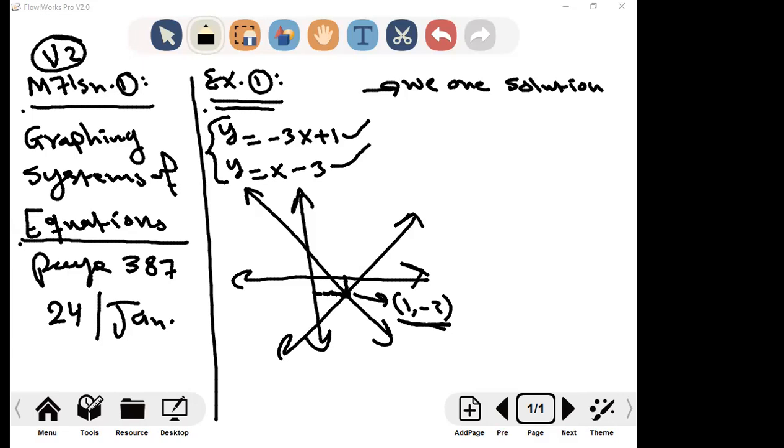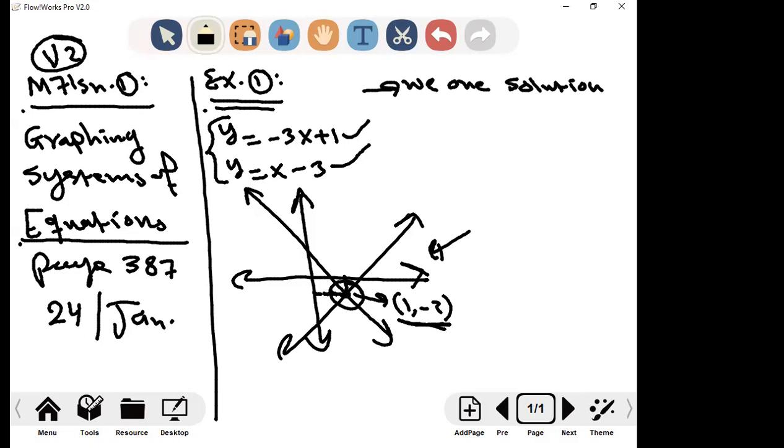When they have infinitely many solutions, the two lines are over each other. So we have three cases here: no solutions, one solution, or infinitely many solutions. One solution, like this example. Here we have only one solution, which is this point, one intersecting point.